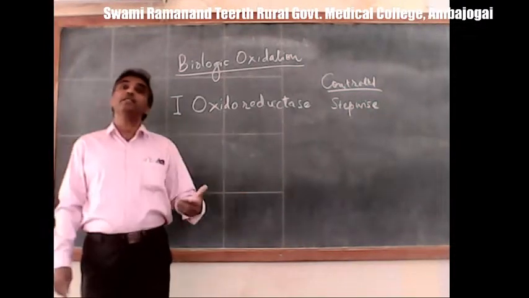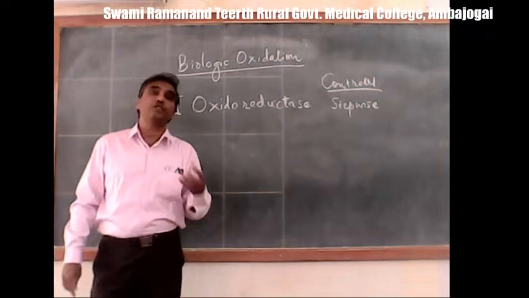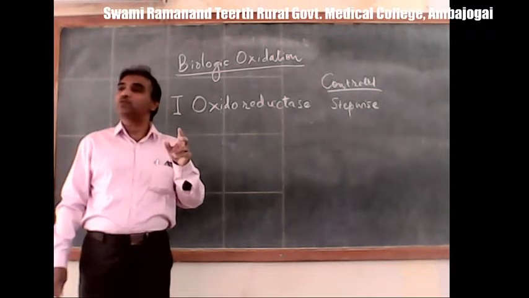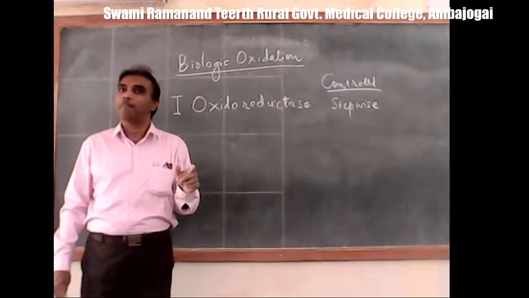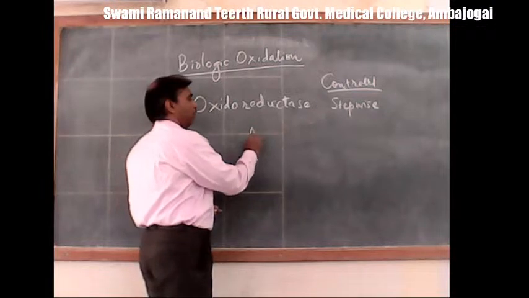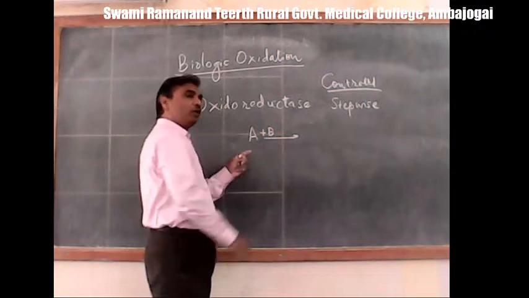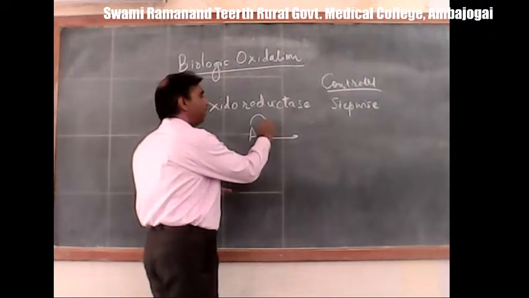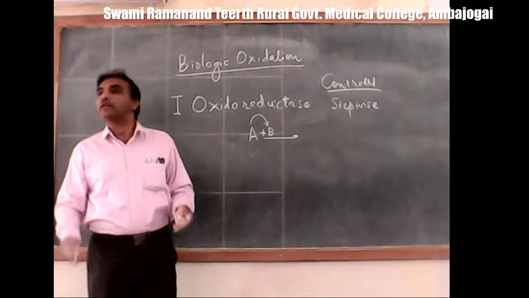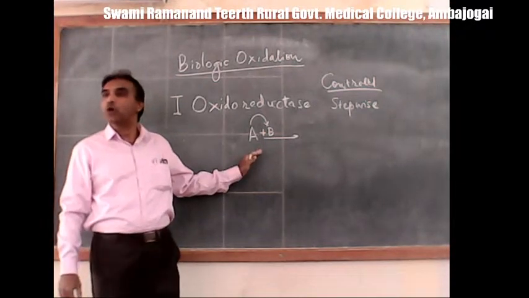Now if something is reduced, it is not in isolation. There should be something which is oxidized. So there must be two things, one gets oxidized, another gets reduced. For example, A plus B. If one is the oxidant and the other the reductant, one is giving electron and the other is accepting electron, and only then things occur.